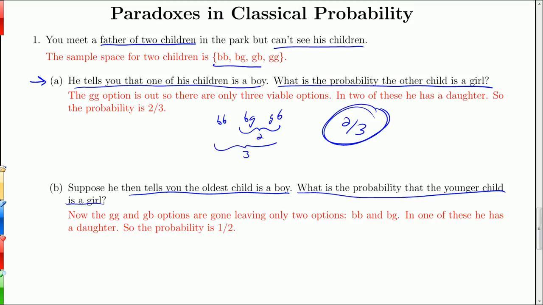If you look at our sample space up here, we know that the oldest child is a boy, so this is certainly out, and then this is certainly out because the girl is the oldest child. So now you're down to 2, right? You have boy, boy, and boy, girl.